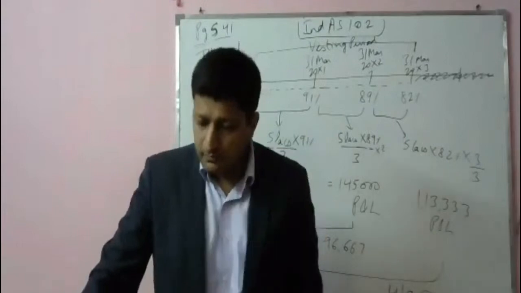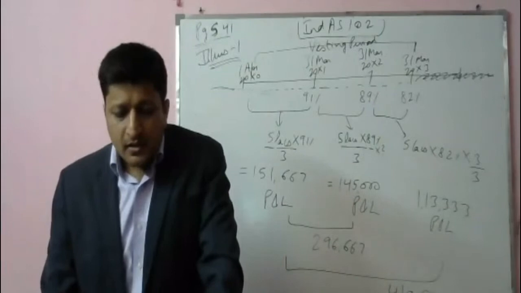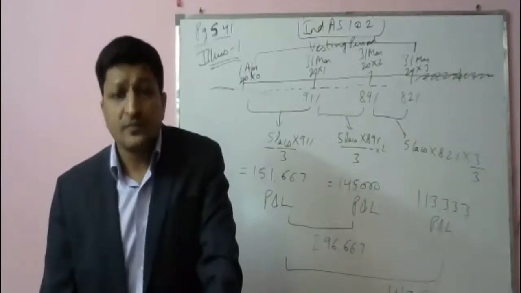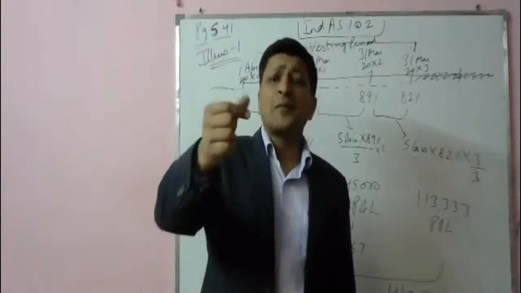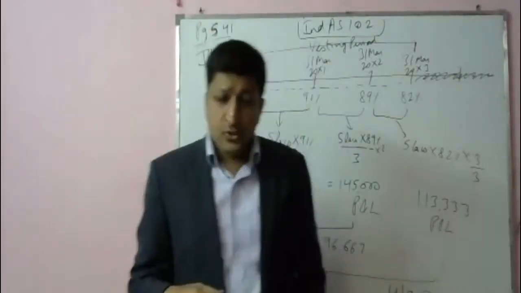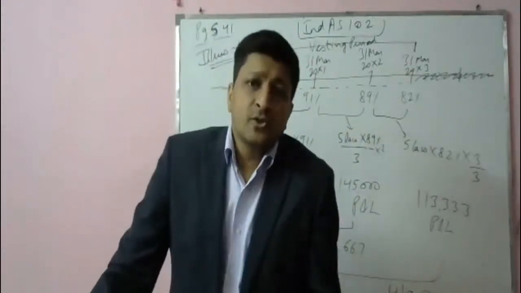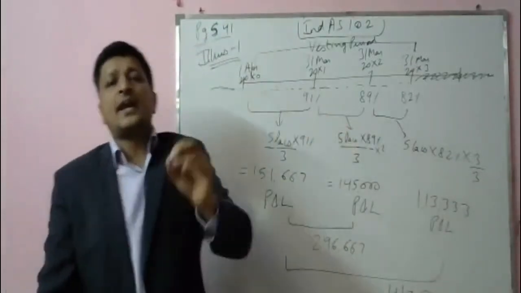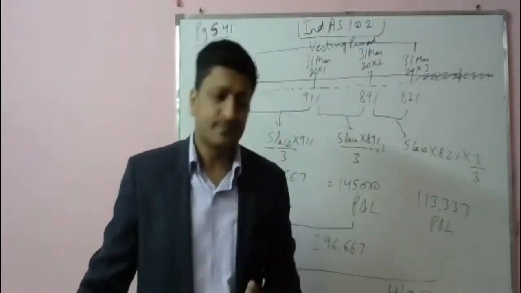Equity shares. How do we know? It says the company granted share options and all of those options were exercised by the employees. It doesn't say that the company has paid cash. So it's assumed that the company has issued shares to the employee at the end of the third year, on the vesting date.